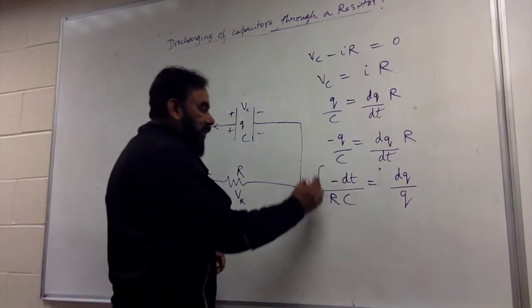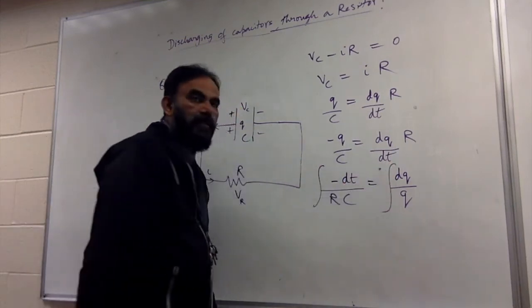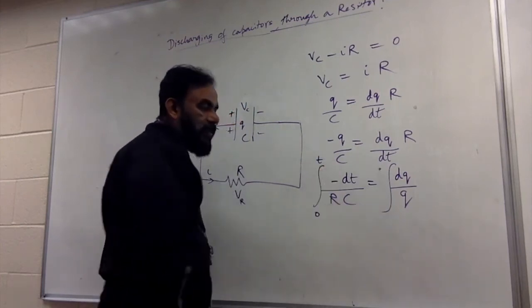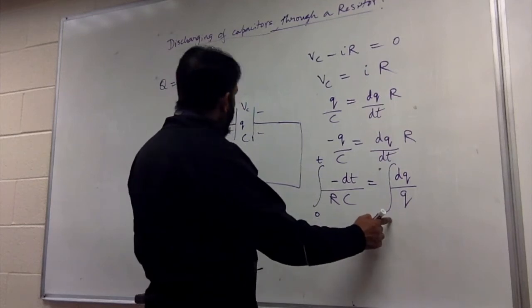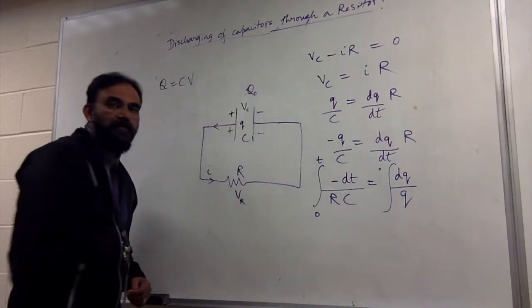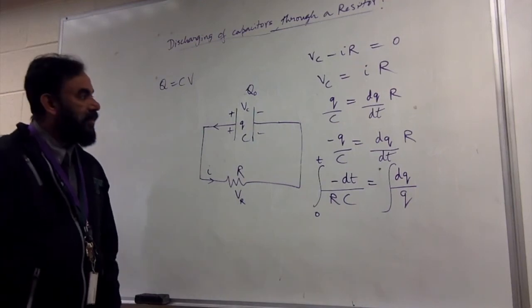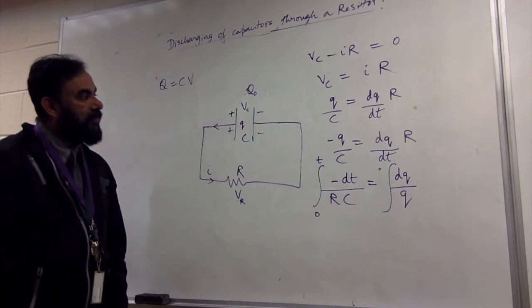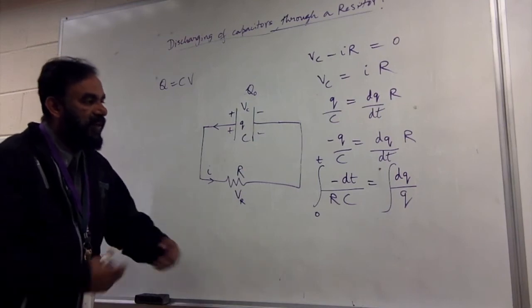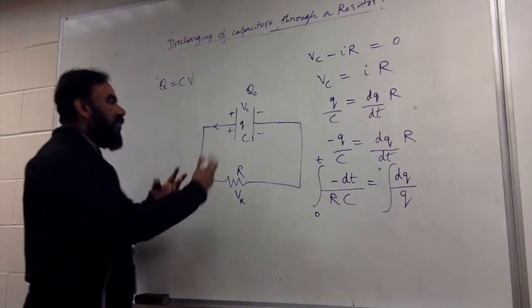Now we're going to integrate this between the times 0 and t, and between charges. The initial charge was q naught, the highest charge. And the final charge, let's call it q.